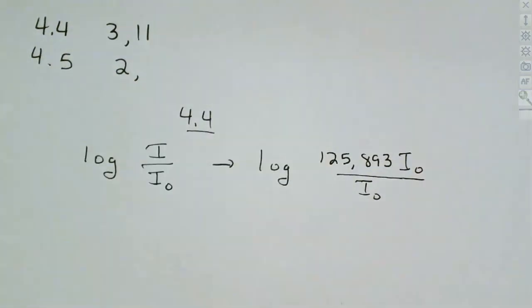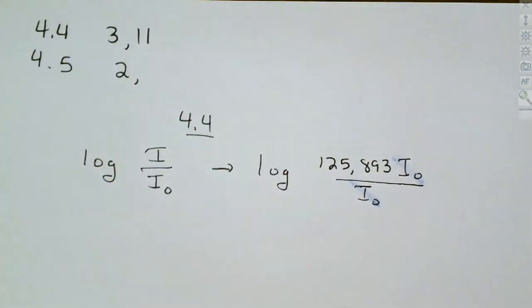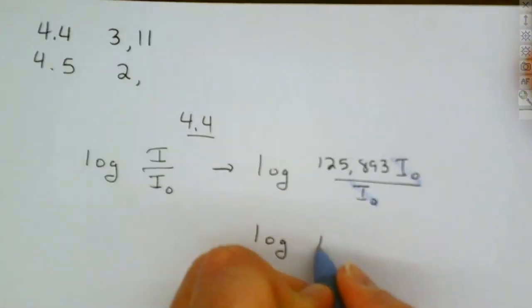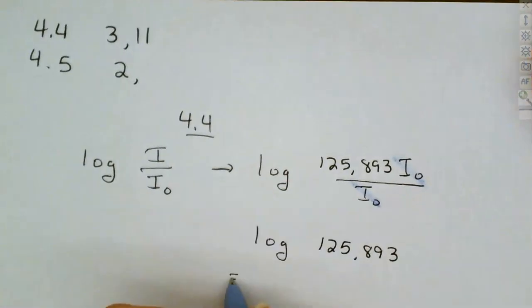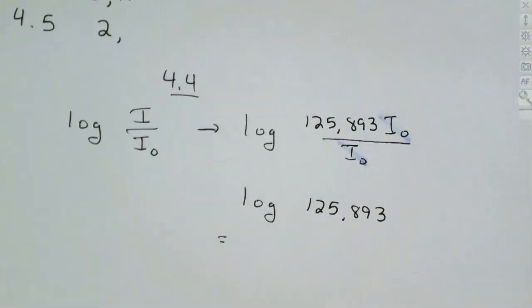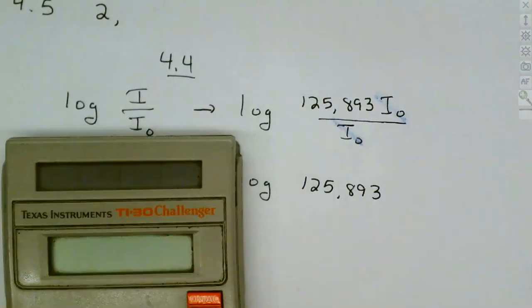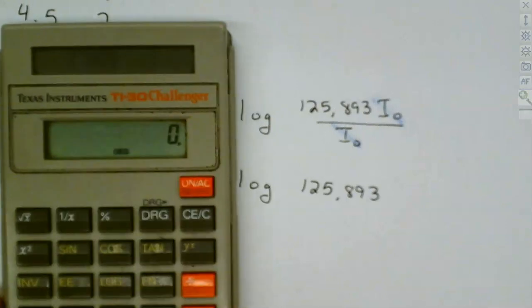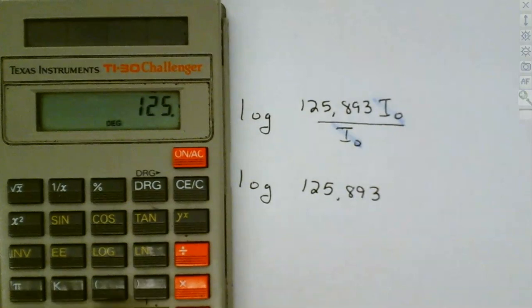Now, what's going to happen with the I's? They do what? I naughts, they cancel. And that leaves you then with simply the log of 125,893. And we can use our calculator to directly solve this out, can't we? And we just use our log key in the calculator. So 125,893.